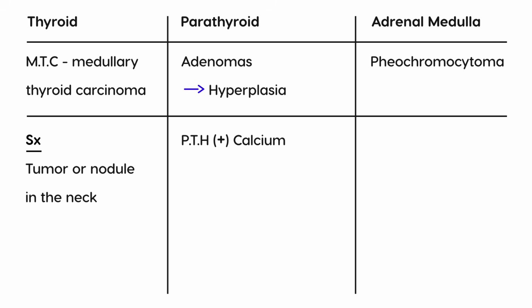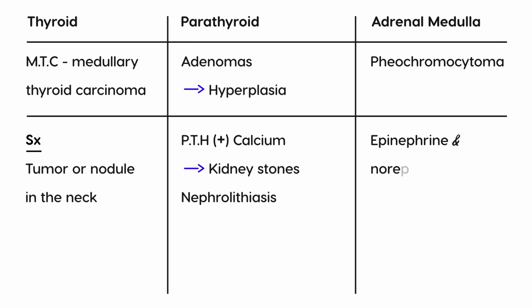Increased calcium, hypercalcemia, can lead to kidney stones as the calcium deposits itself in the kidney, also known as nephrolithiasis. And then finally, pheochromocytoma produces catecholamines known as epinephrine and norepinephrine.